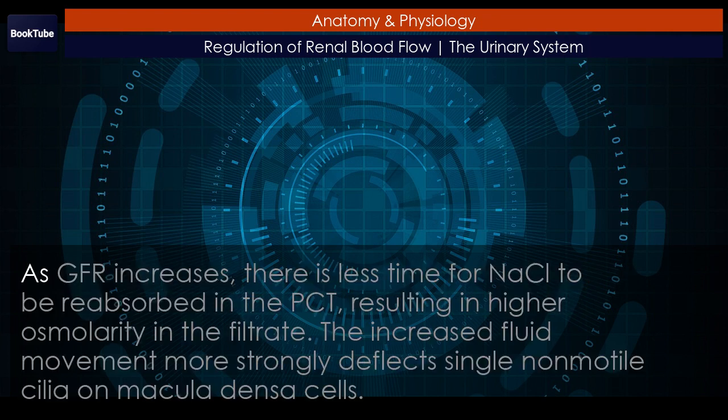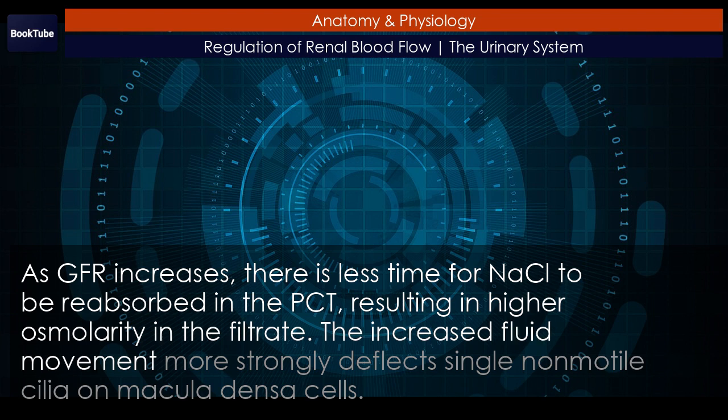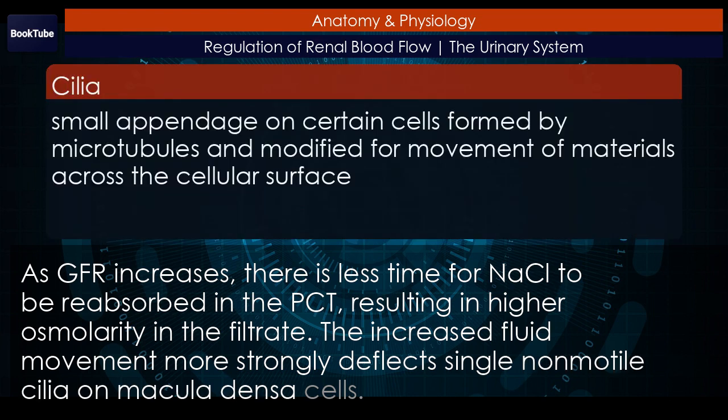concentration. As GFR increases, there is less time for sodium chloride to be reabsorbed in the PCT, resulting in higher osmolarity in the filtrate. The increased fluid movement more strongly deflects single nonmotile cilia on macula densa cells.